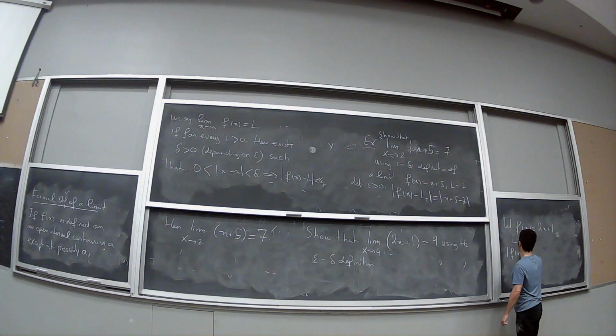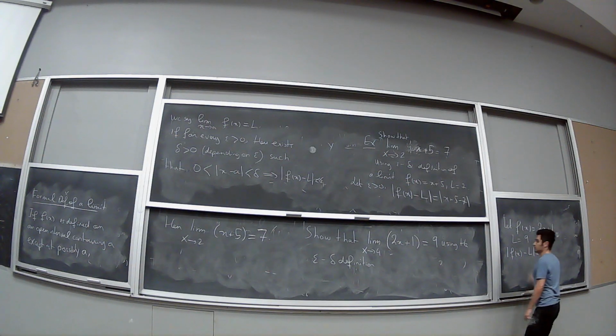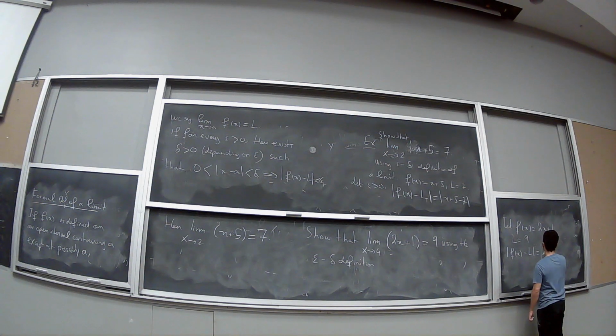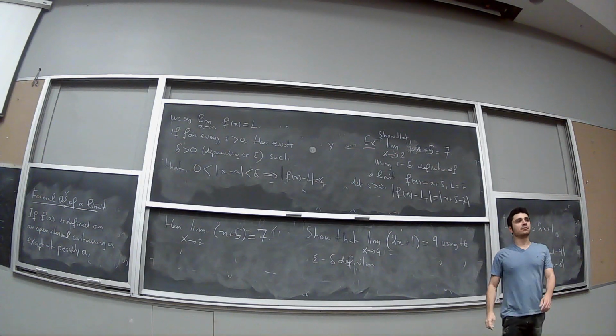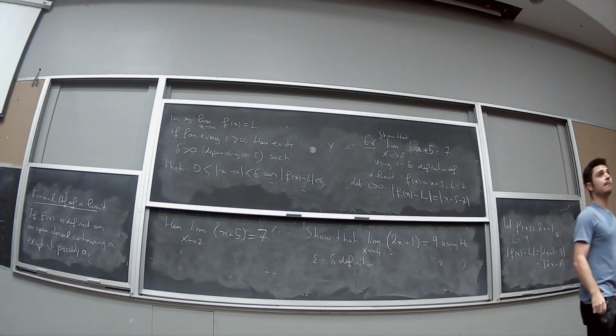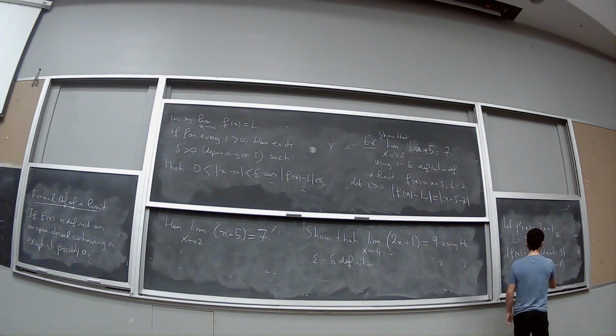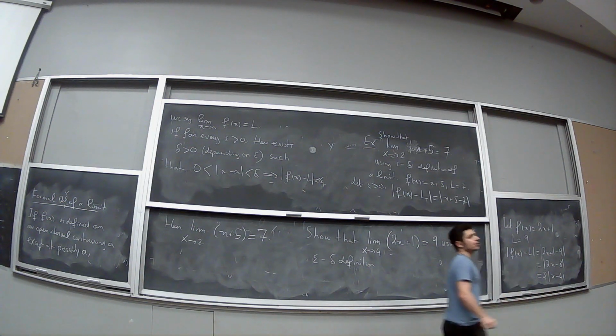What is the absolute value of f of x minus L? f of x minus L is 2x plus 1 minus 9, in absolute value, of course, which is 2x minus 8. Can I factor a 2 out here? Yeah? Can I factor a 2 out? If I factor a 2 out, I get the absolute value of 2 times x minus 4. You agree or not?